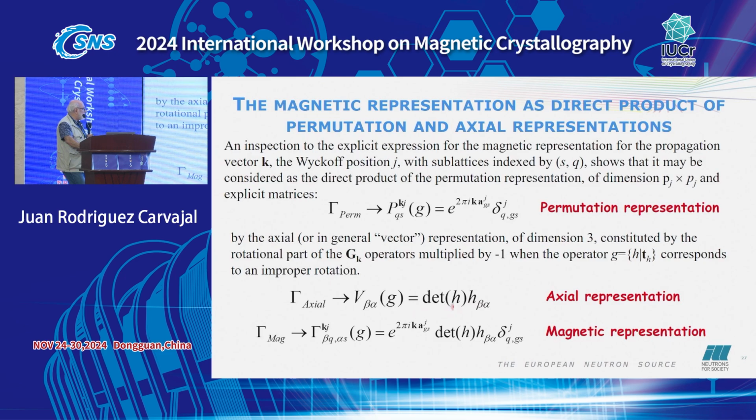And the axial representation is, as I told you, the rotational part of the operator representing a particular element of the group multiplied by the determinant. When you multiply these things, you get the magnetic representation. Then you can calculate that without a computer. You can do that by hand if you want. It's more intuitive.